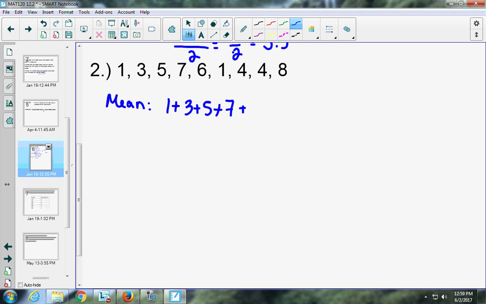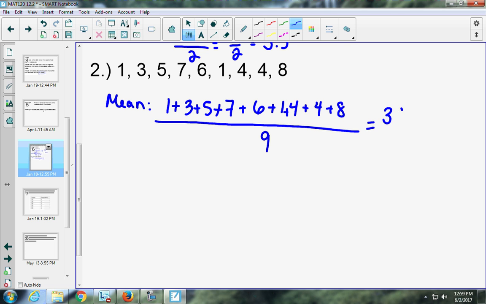And this time, there are 9 pieces of data. And we divide by the number of pieces of data. Once again, we need to add them up first, which gives us 39. When we do 39 divided by 9, we get 4.3 repeating.